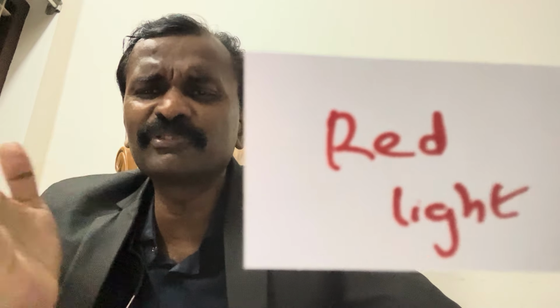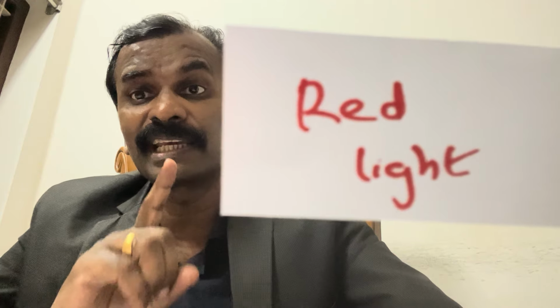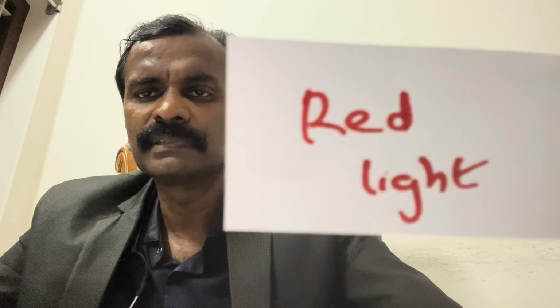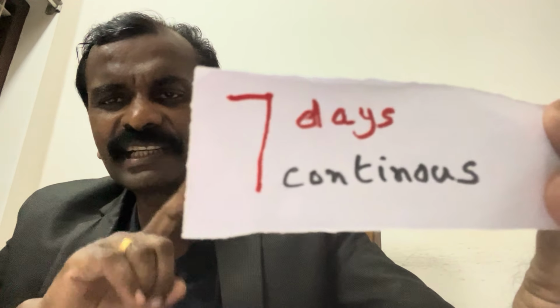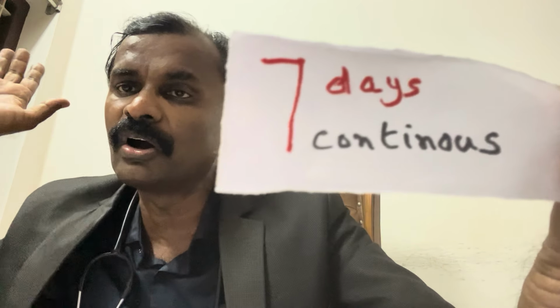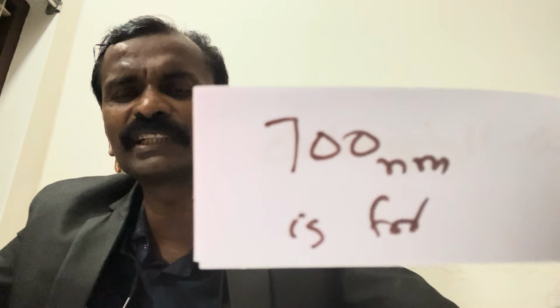See, how can you remember if you keep on revision? No use. Recall. It has been scientifically proven that if you do a study material 7 days continuous recall, you can hold it for a long duration. You are seeing it now. 700 nanometer is for what?